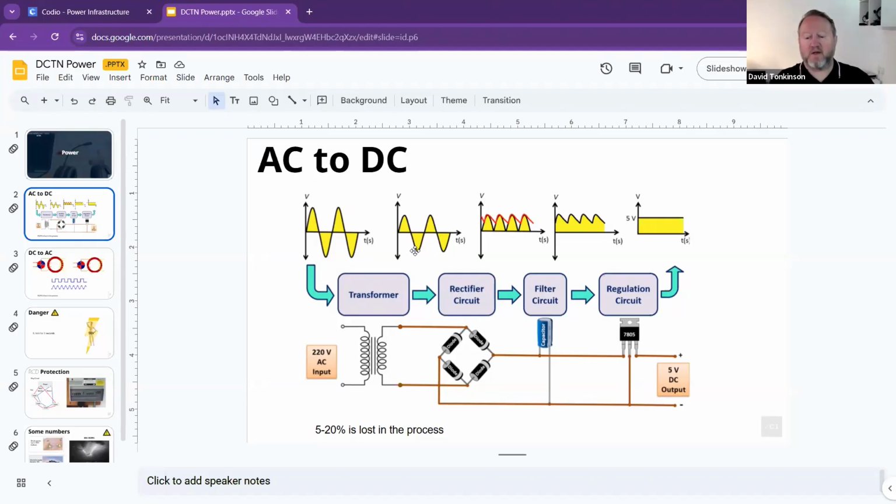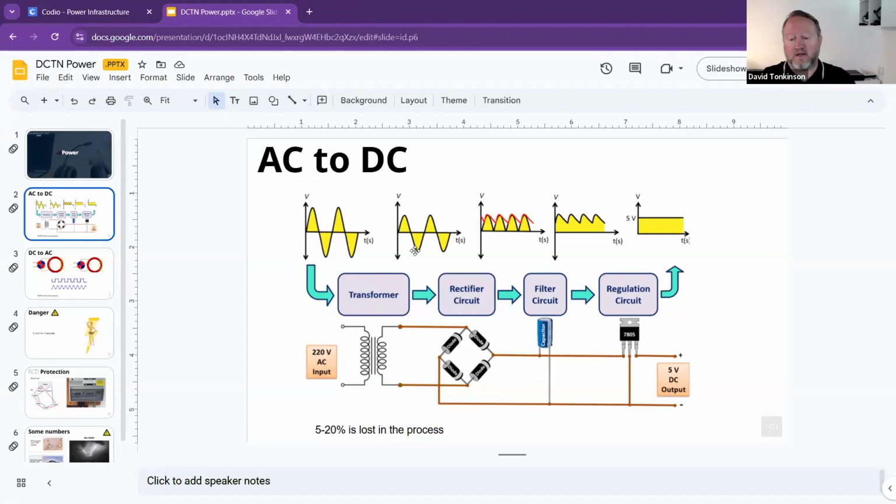And then we have a filter circuit, and the filter circuit helps us smooth that top piece out because it filters out any of the jitter and allows us to get a semi-smooth voltage. Now you can see there is a certain piece below what the filter circuit has done that is a smooth DC piece.